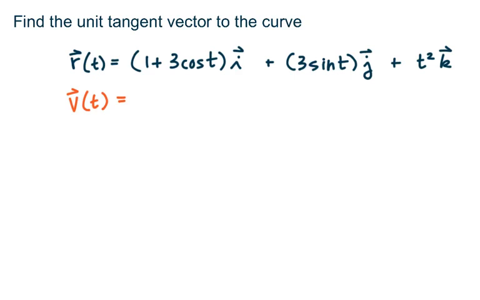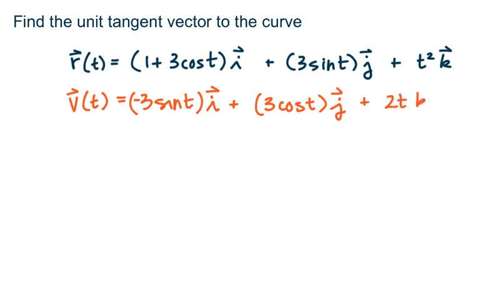The derivative of 1 plus 3 cosine t is just going to be negative 3 sine t i. The derivative of 3 sine t is 3 cosine t j. And then I've got 2t k. So as I said, this is the derivative of r with respect to t. Now that tells us the tangent vector.